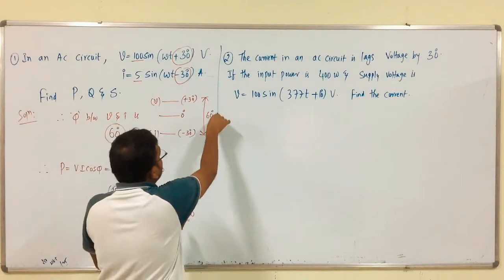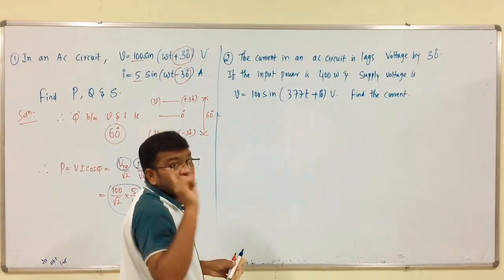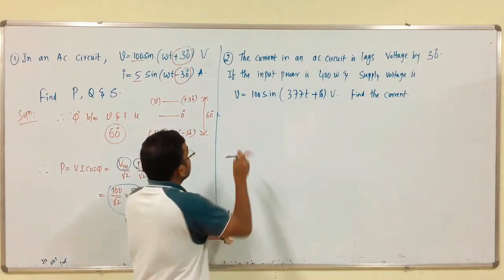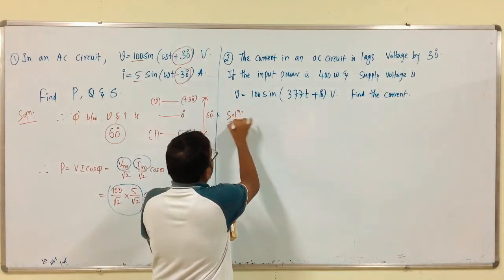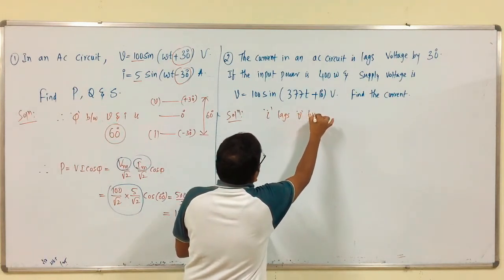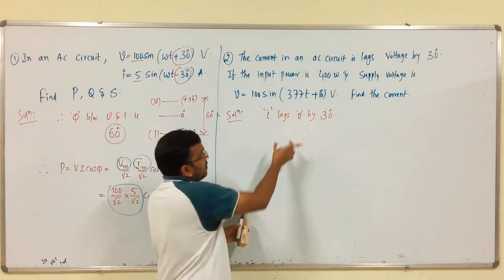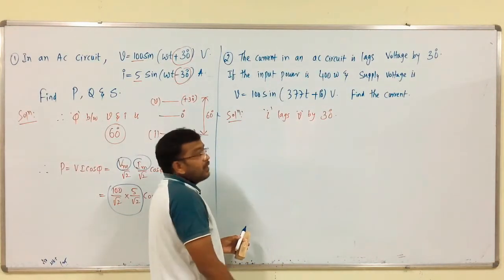Next, the problem: the current in an AC circuit lags voltage by 30 degrees. Current lags V by 30 degrees means what? Inductive circuit.